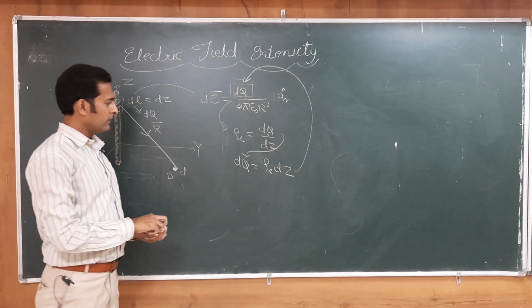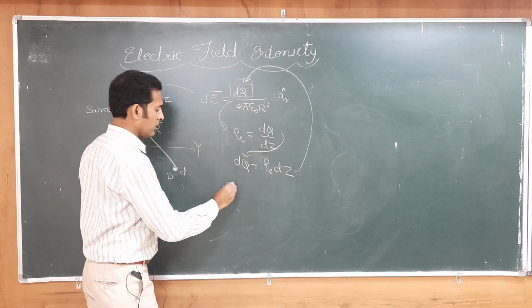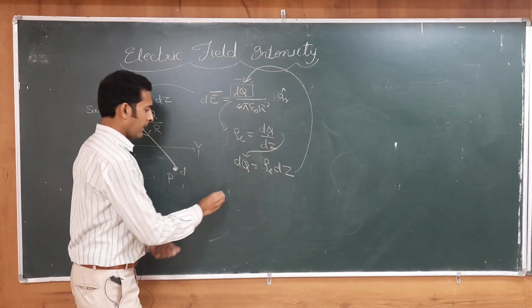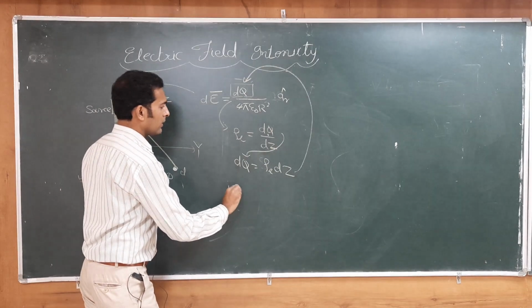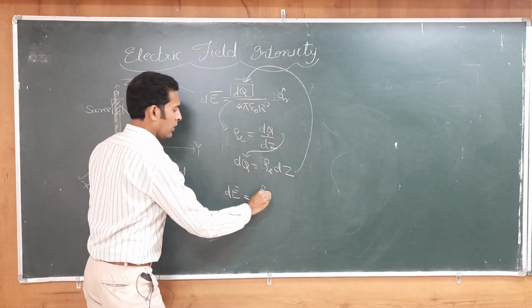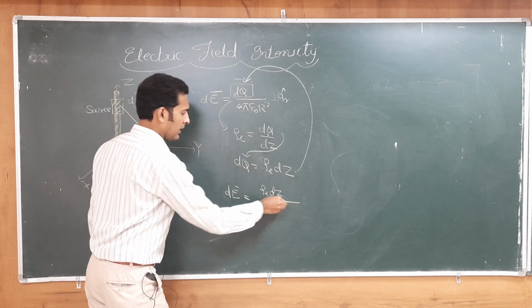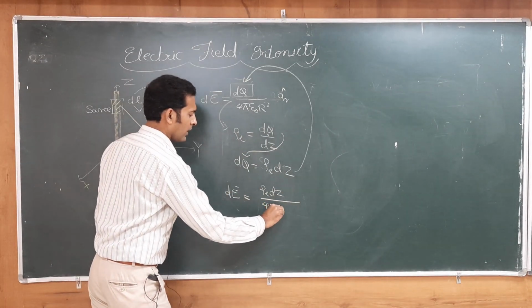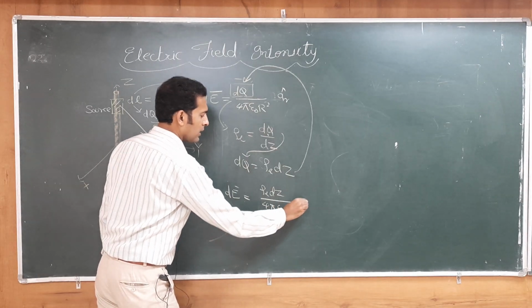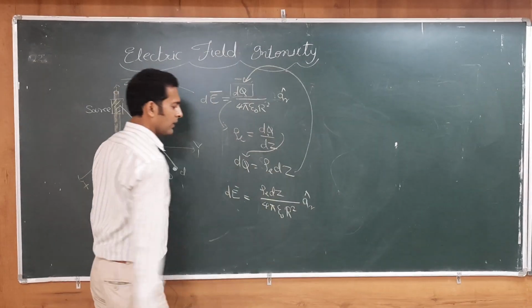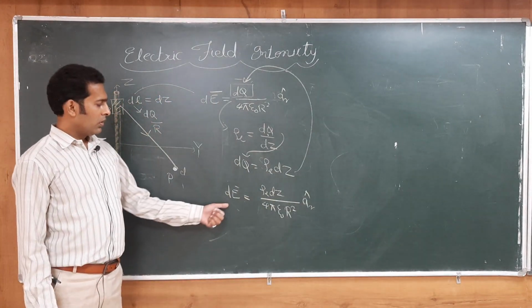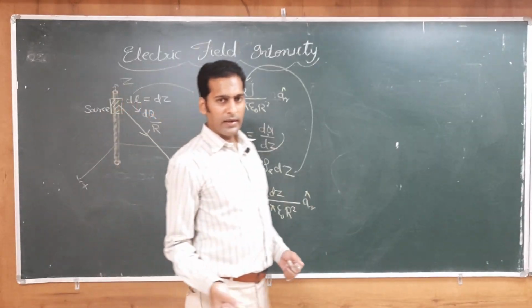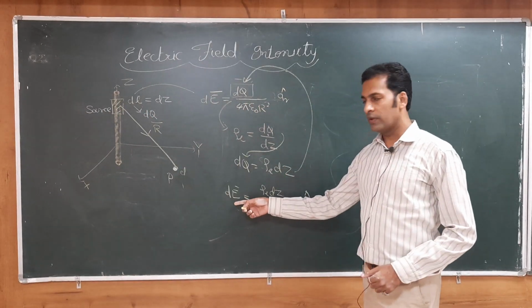So what will be the expression here? We will have dE is equal to rho L dz by 4 pi epsilon naught r square into a r cap. If you want the entire electric field intensity, what do we have to do? We have to integrate it.